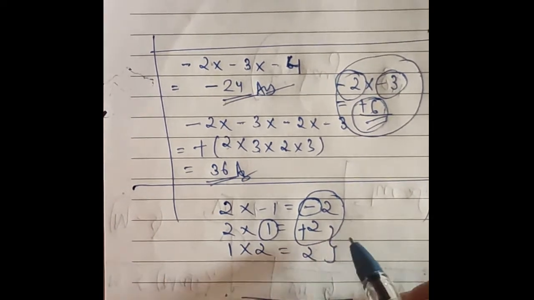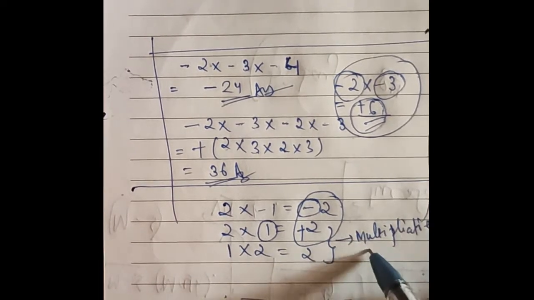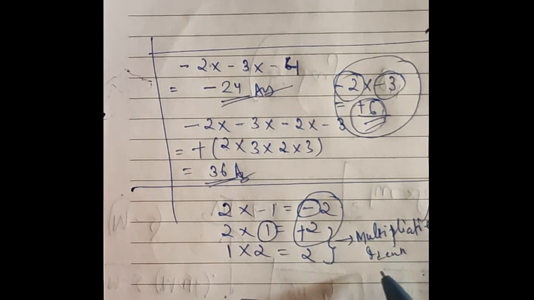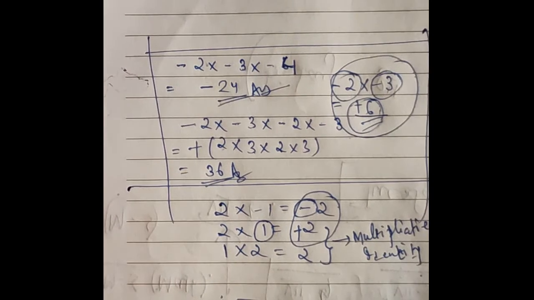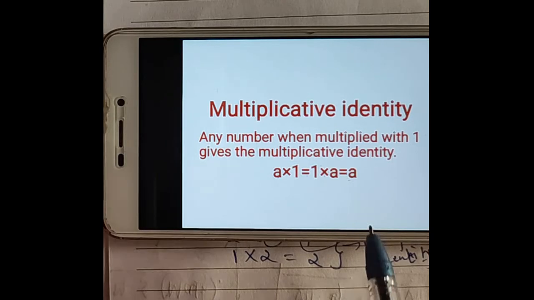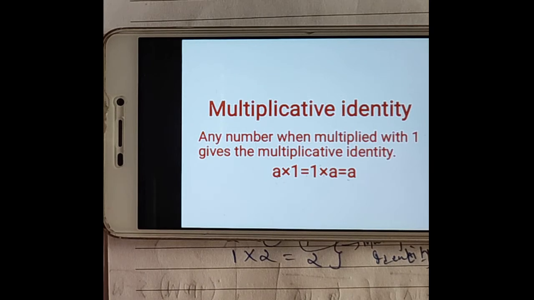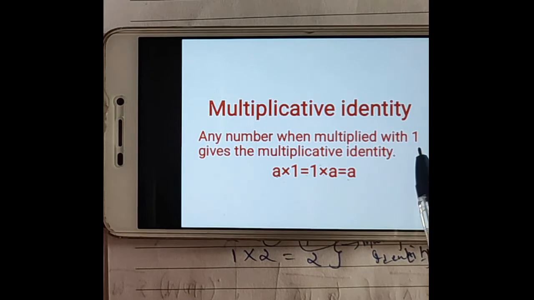Yes, these two are the multiplicative identity. So remember that. Any number when multiplied with 1 gives the multiplicative identity, meaning your similar result, your twin product, your brother who looks similar to you. Identity is that only. That identity is given only by 1 when you multiply with 1.